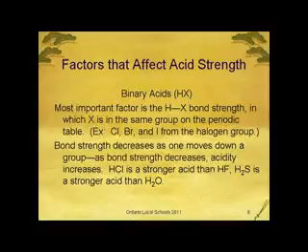So HCl is a stronger acid than HF. H2S is a stronger acid than H2O. So again, remember, bond strength decreases as one moves down a group, so the acid strength would increase as you move down a group.